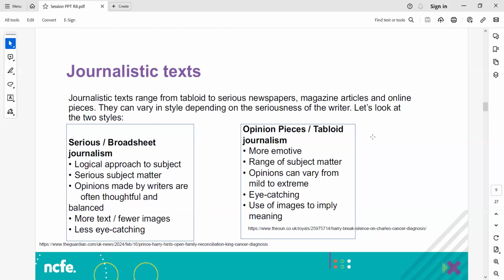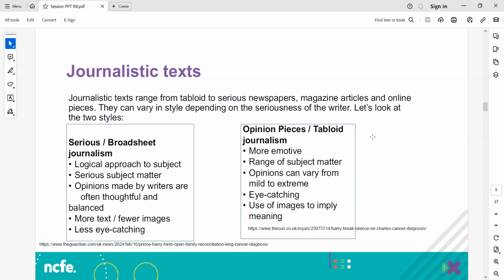And they vary in style depending on the seriousness of the writer and who the intended audience is. So there's two main styles that are usually referred to. So serious or broadsheet journalism. So broadsheets refers to newspapers such as the Telegraph, the Times, the Guardian.